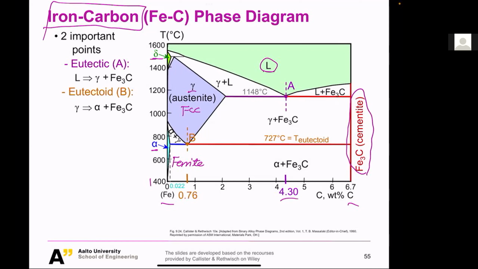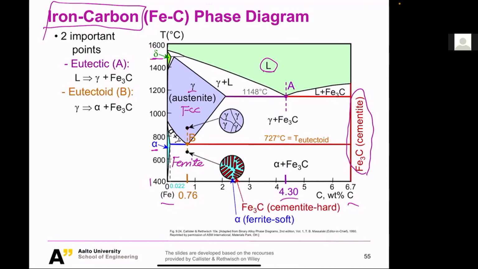The corresponding composition is 0.76 carbon in your iron. At that point, your gamma, as a solid solution, will be directly decomposed into 2 solid solutions, alpha and also cementite. And here I'm showing you how it looks.